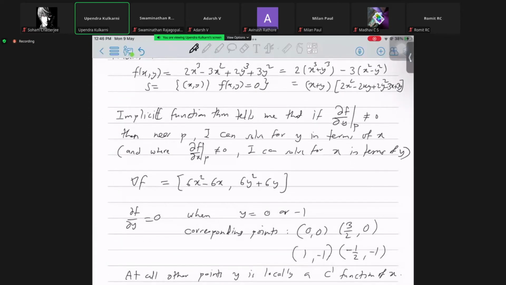What is the graph of this level set? When I plot the graph of this, what is it going to look like? Remember, I have been able to factor this. So the level set is really a union of two sets. One of those is the line y equal to minus, correct?